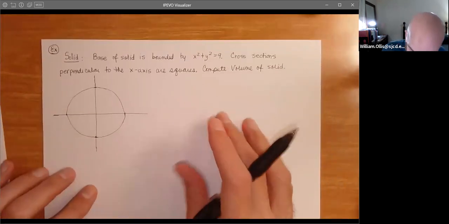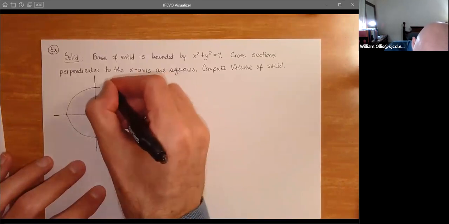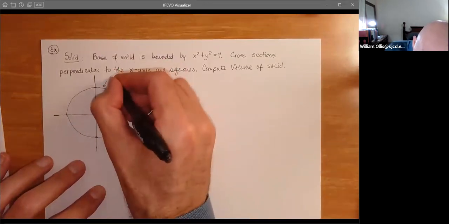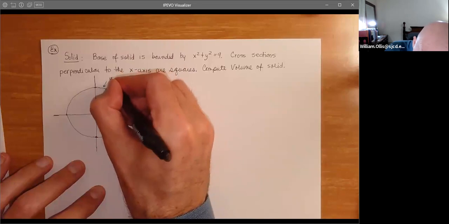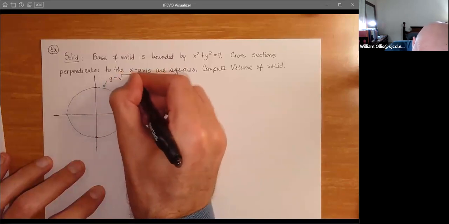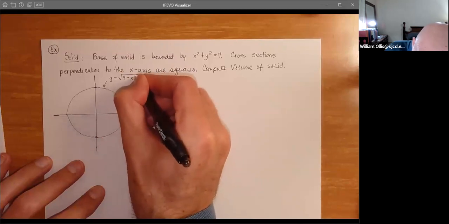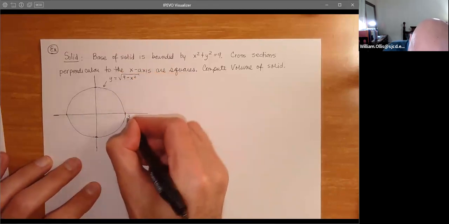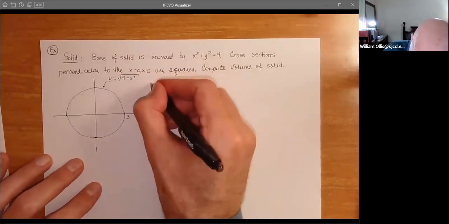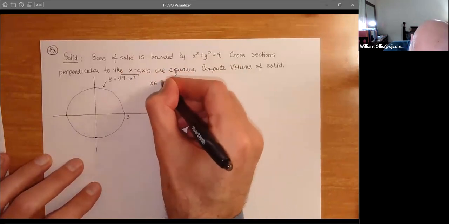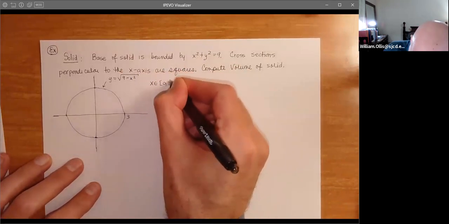So here's our circle, and notice we can look at the upper arc, which will be y equals the square root of 9 minus x squared. And notice we can also use symmetry. We'll be lazy. x an element of 0 to 3.